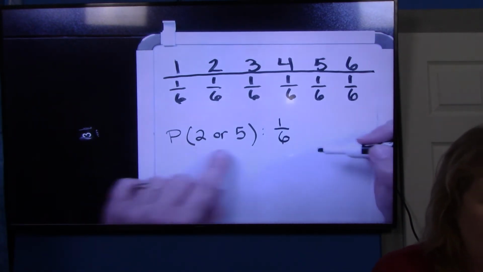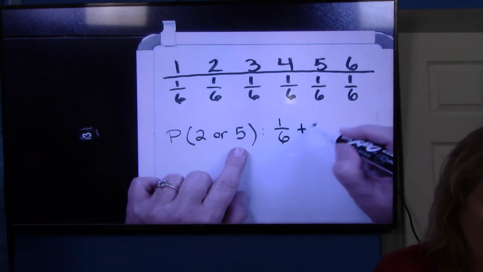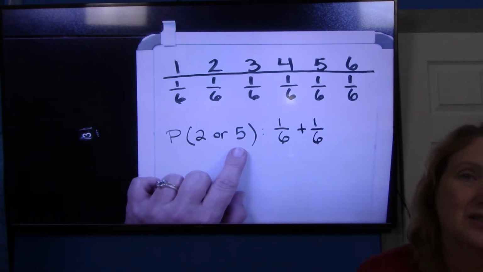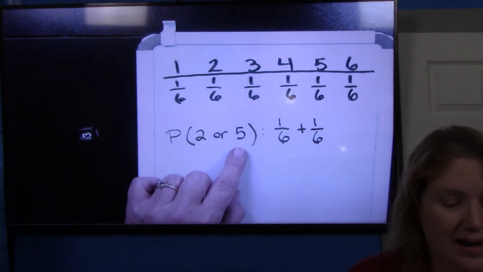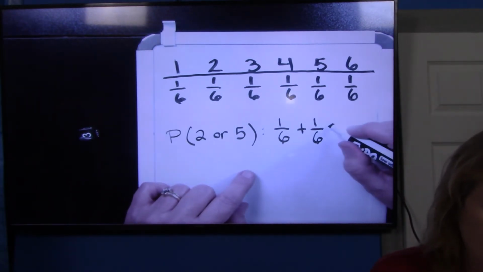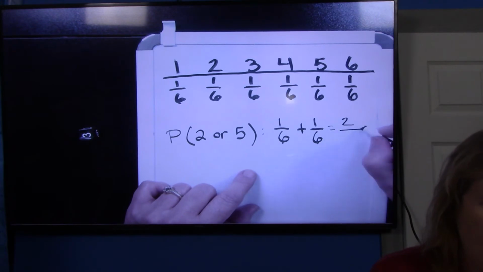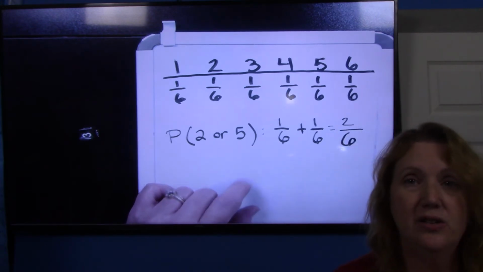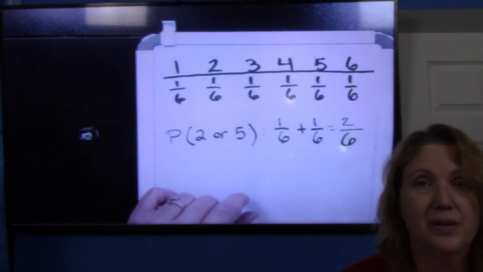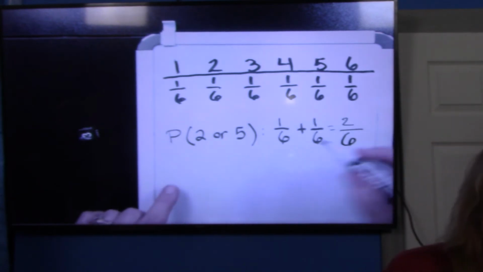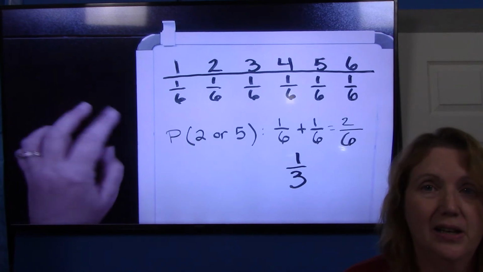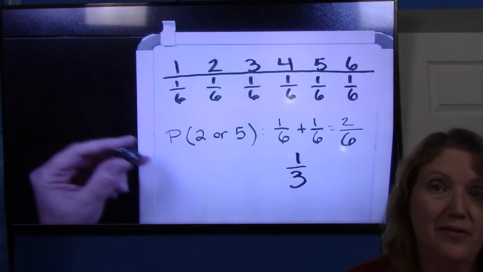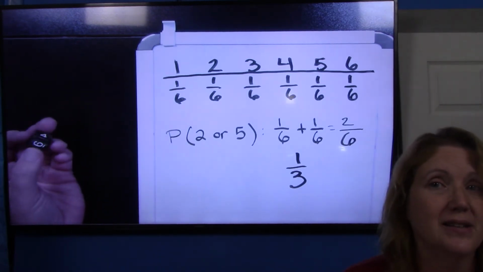The probability of getting a 5 is also 1/6. So the probability that I would get a 2 or a 5 if I rolled the die would be 2/6. And hopefully you see that that will reduce. So that reduces to 1/3. So the probability of me getting a 2 or a 5 is a 1/3 chance.